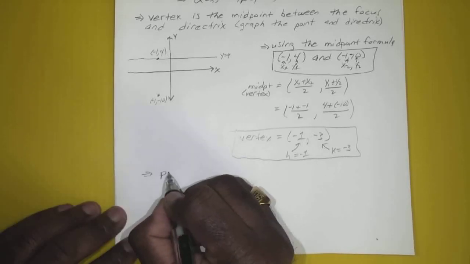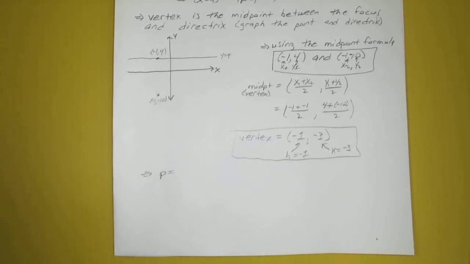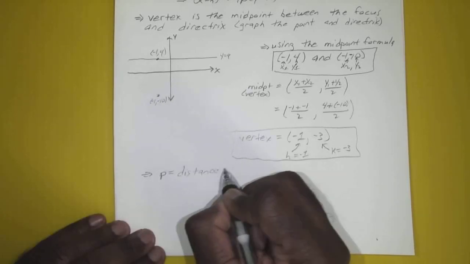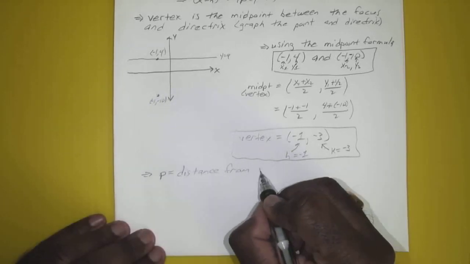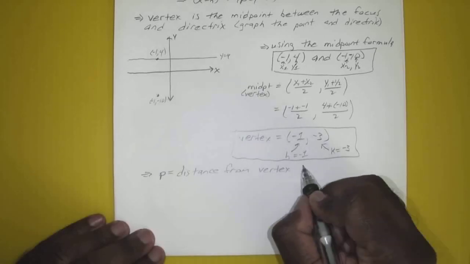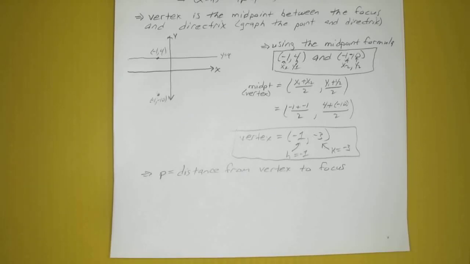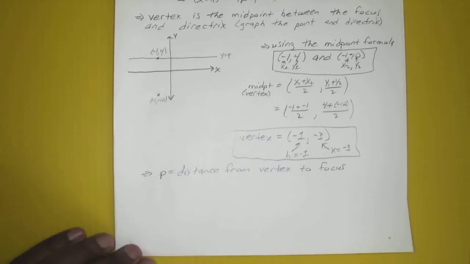So we know that p is equal to the distance from the vertex to the focus, or the directrix to the focus, whichever one you wanted to use. Same general idea.